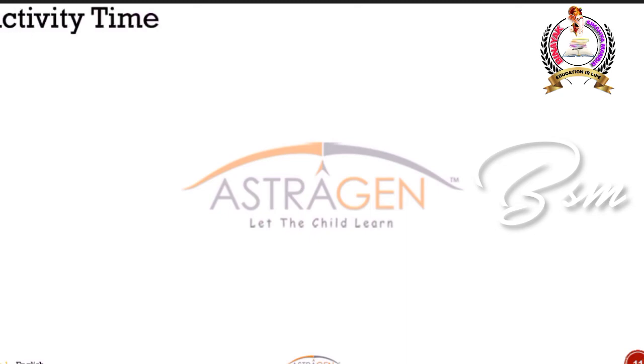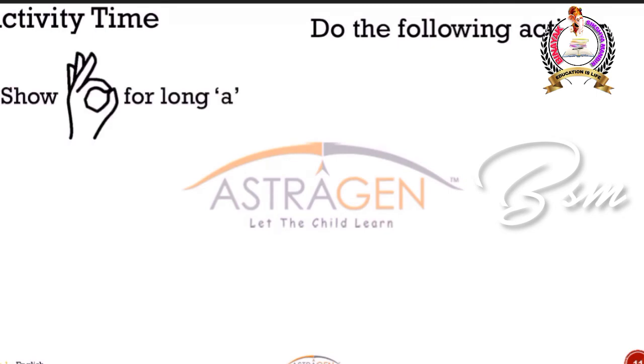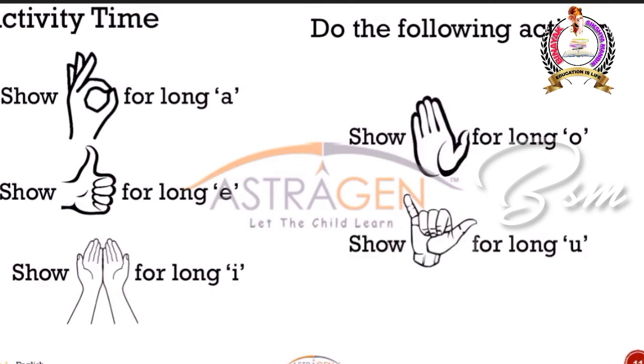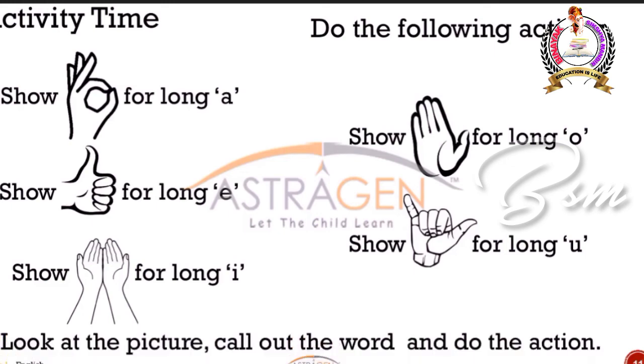Okay. Those were the words which had the long sounds of the vowels in them. Let's play. You have to do these following actions. If you hear the long A sound, then you show me that action. If it is E, you show thumbs up. This for I, that for O, and this for U. Don't worry, I have these actions on the next screen. Look at the picture now. It's bone, right?